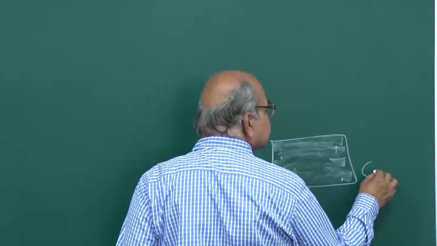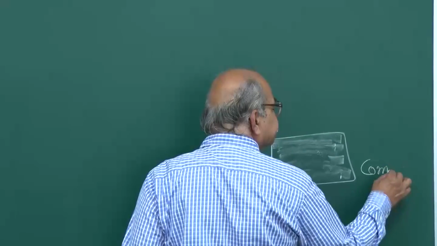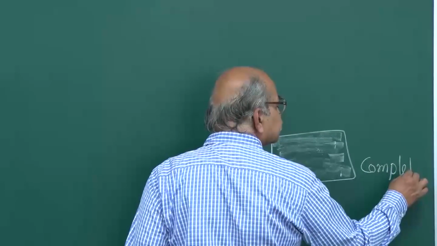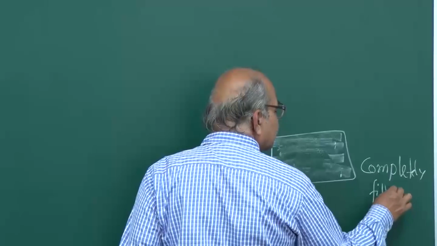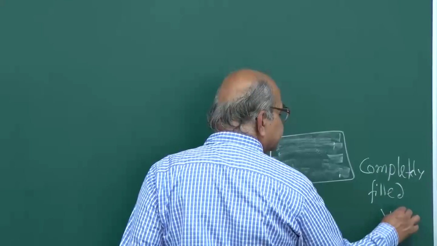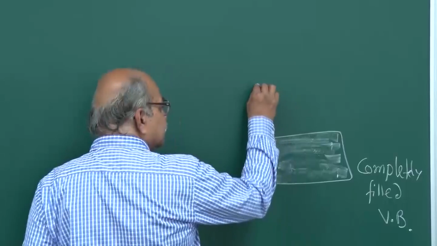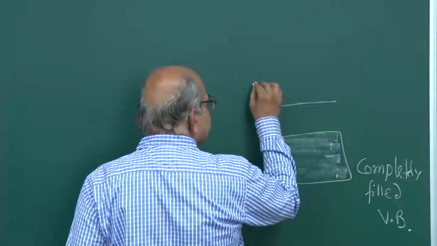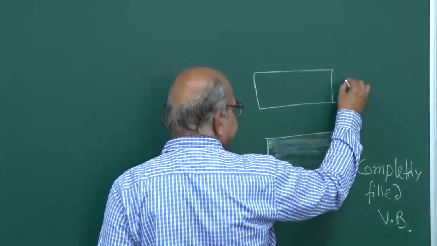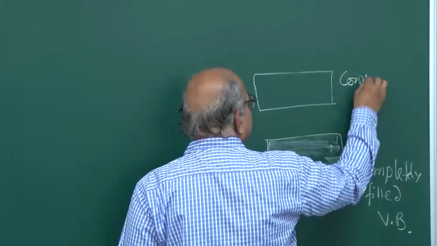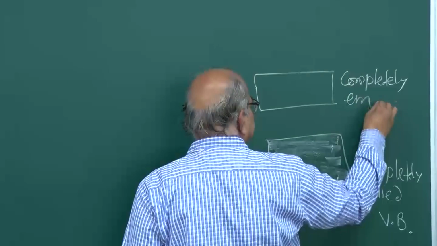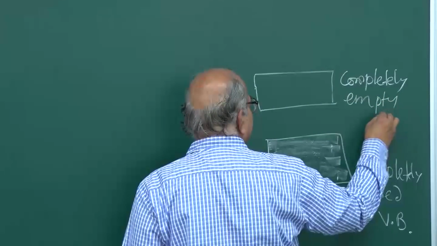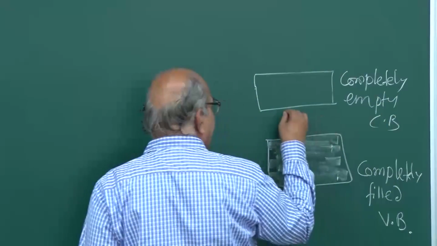So, this is completely filled, the valence band, and then you have a completely empty conduction band, with a gap Eg.